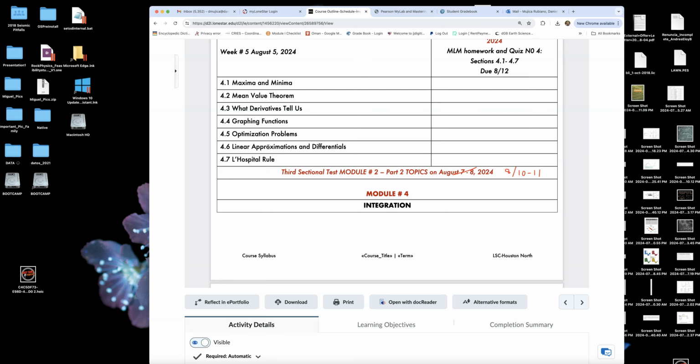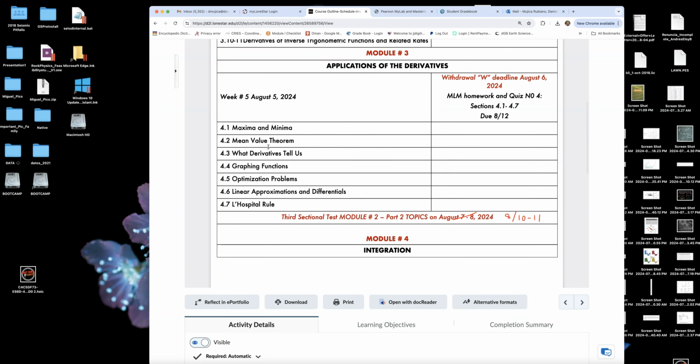Okay, so just allow me the day of today to open this module for you, and together with that, the assignments in MyLab Math. And you can start working on this chapter number 4.